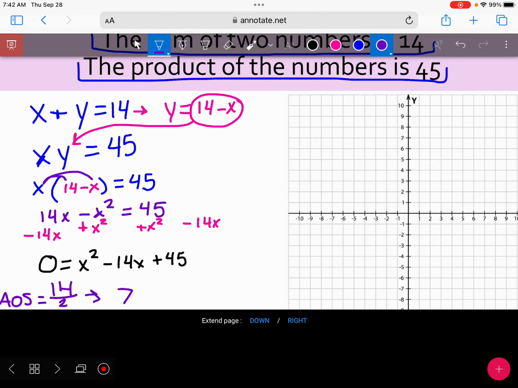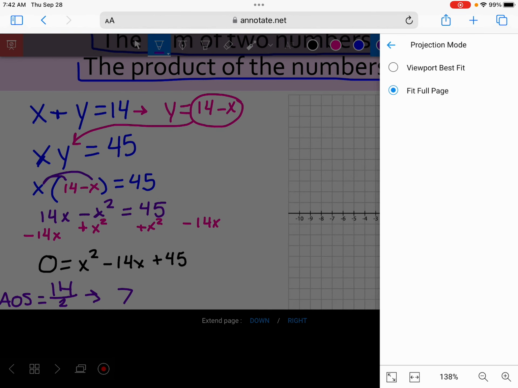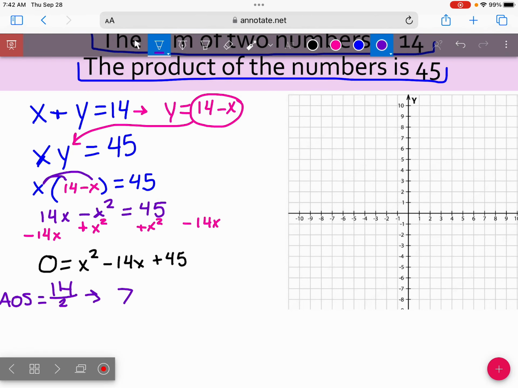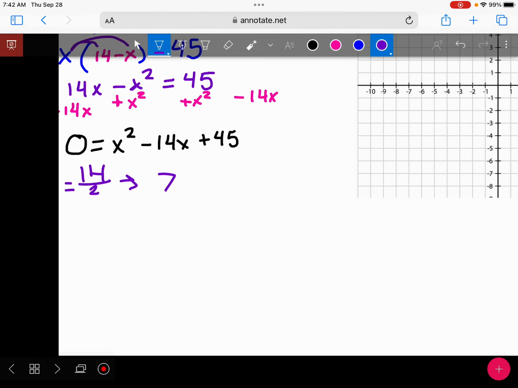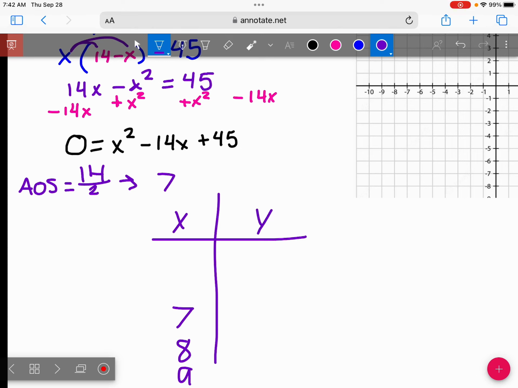I'm going to give myself some more space here, but it's going to make my screen do a big jump. There we go. So what that 7 tells me is that's what's going in the middle of my table. I'll pick some numbers bigger, 8 and 9, and some numbers smaller, 6 and 5.